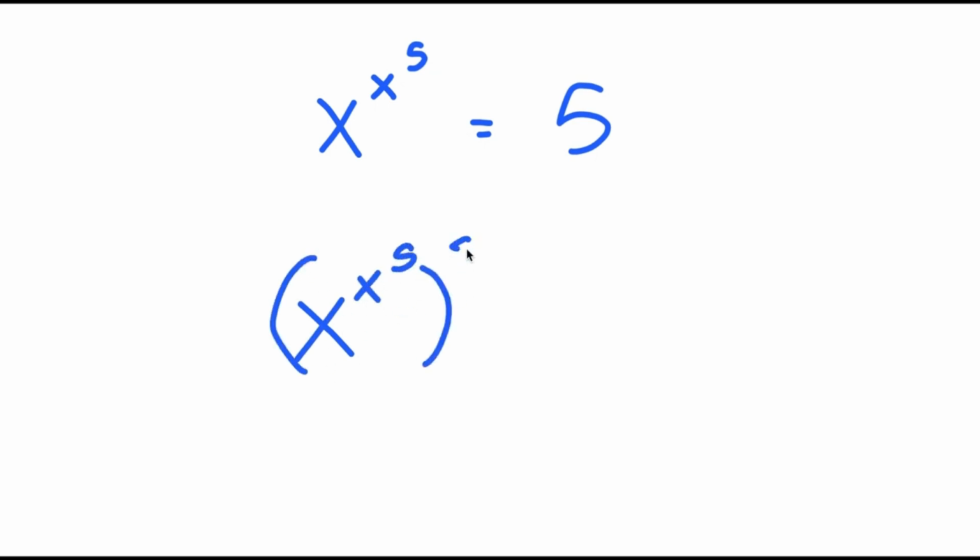Alright, so in this video, I'm going to be solving the equation x to the power of x to the power of 5 is equal to 5. So, to solve this, I'm going to take the power of 5 on both sides.